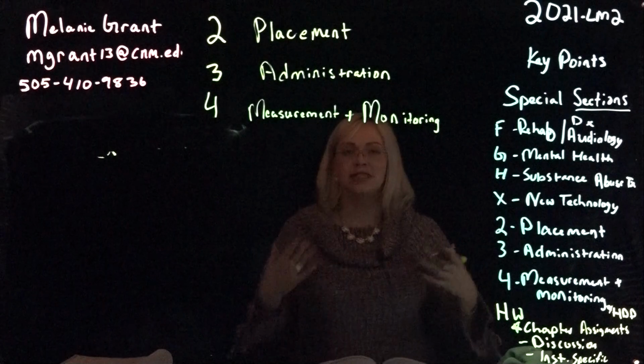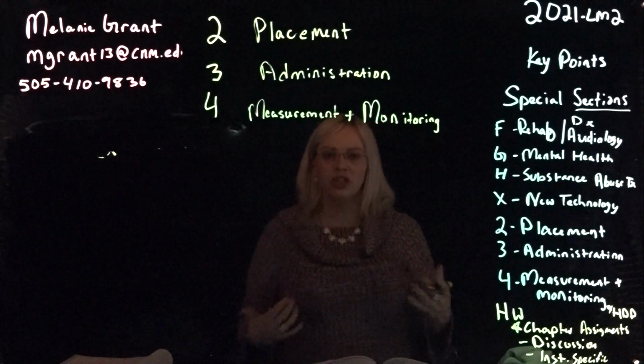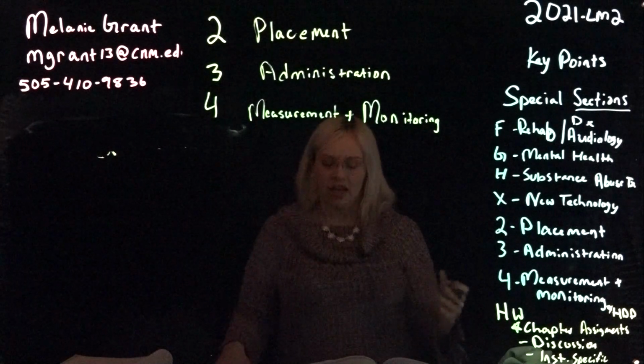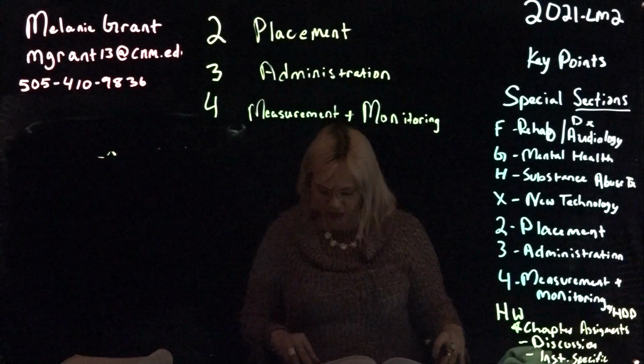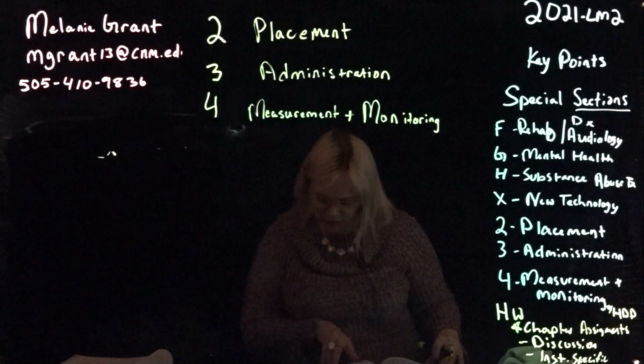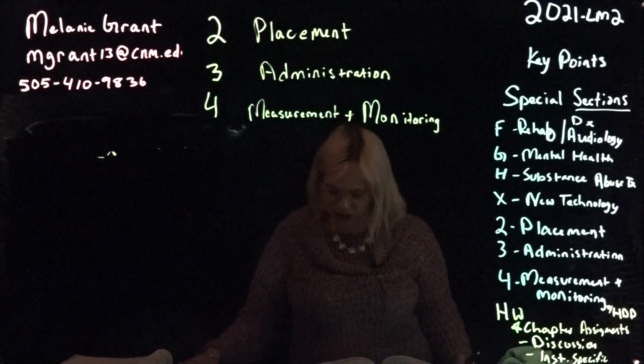Indwelling devices, this is something that's already in the body, such as a medication that's being administered regularly. Sometimes diabetics may have a device that's doing that. You have some examples here, also physiological systems and anatomical regions.